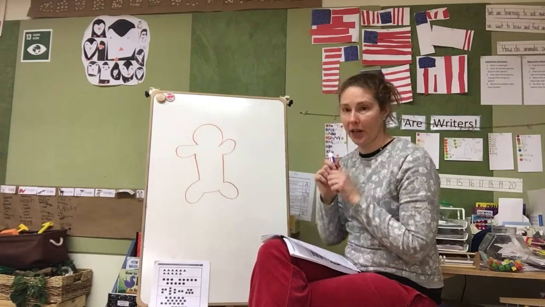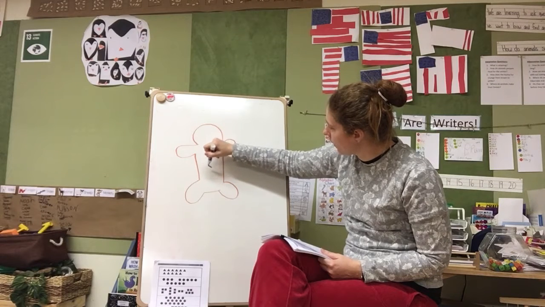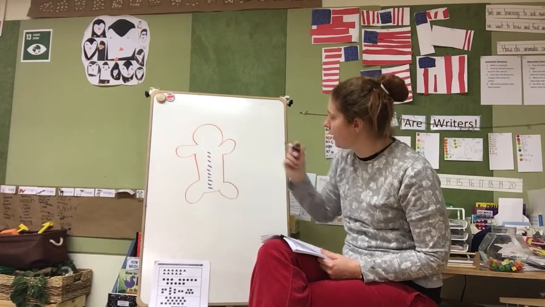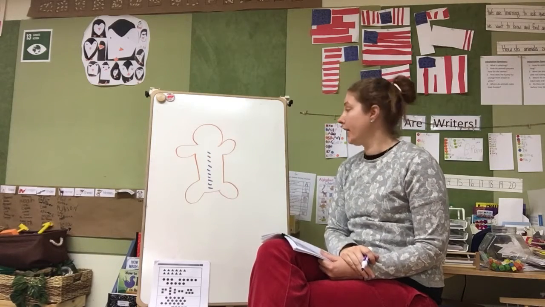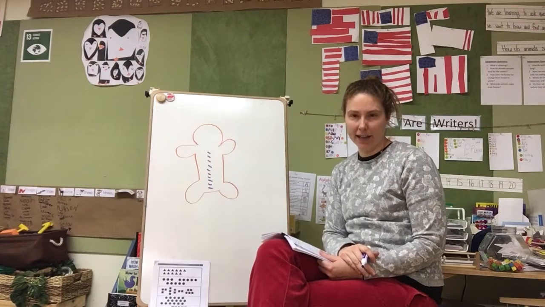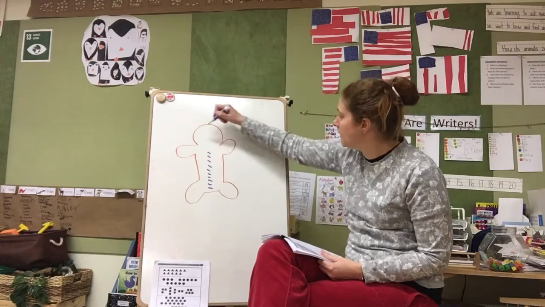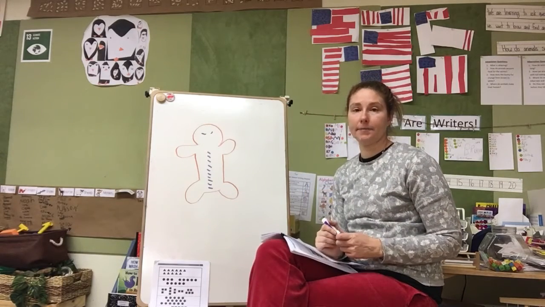Let's do purple sprinkles. 1, 2, 3, 4, 5, 6, 7, 8, 9, 10. So he has 10 sprinkle buttons, okay? But he's missing his eyes. So let's use sprinkles for eyes too, right? Perfect size. 1, 2. 2 sprinkle eyes.